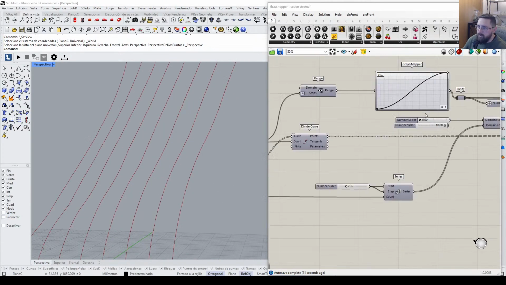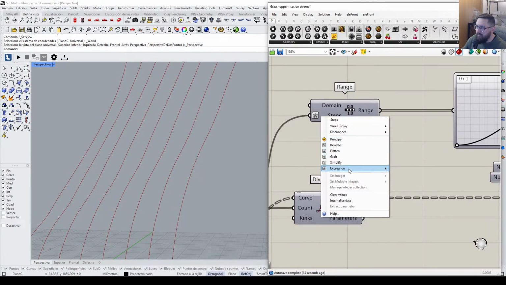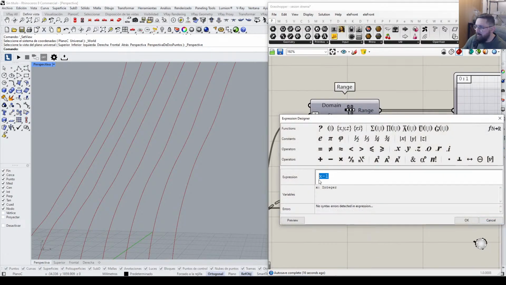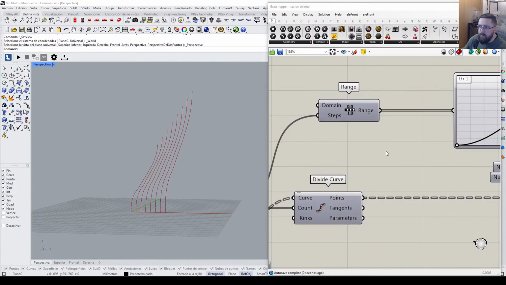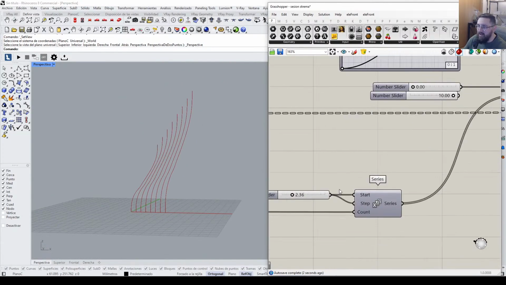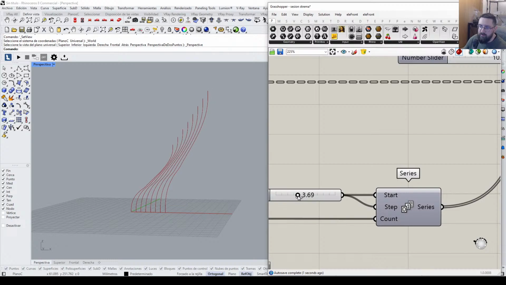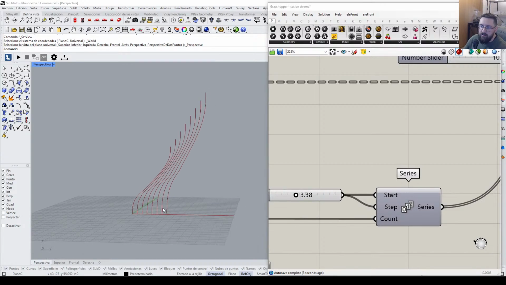Something's happening weird there in the middle, and it might be this. Maybe there shouldn't be an expression? No, there should be an expression. There we go.